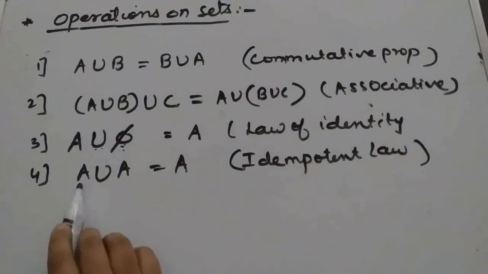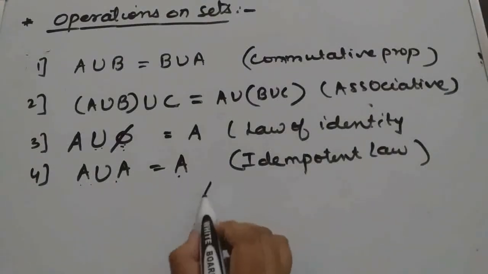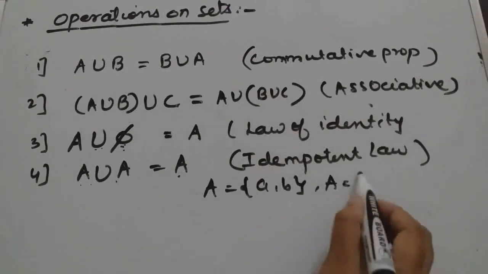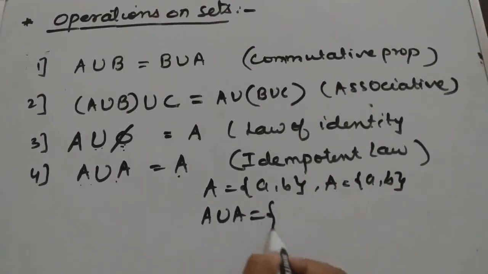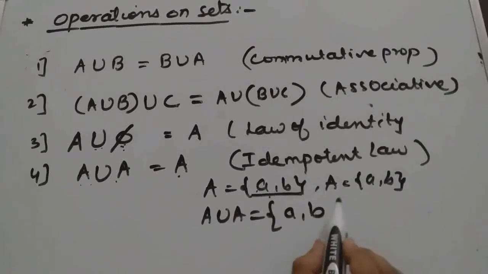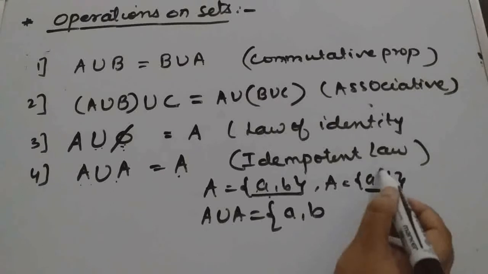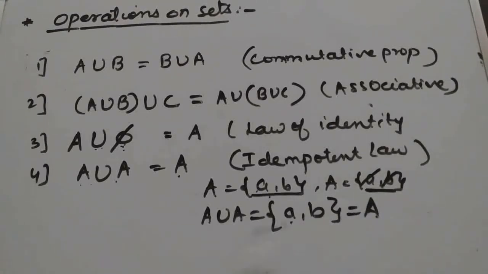When you take the union with the same set, you get that set only: A ∪ A = A. First you write all the elements of the first set, then all the elements of the second set, but you should avoid repeating. So A's elements you have already written, so they won't come again. The final answer will be A only.